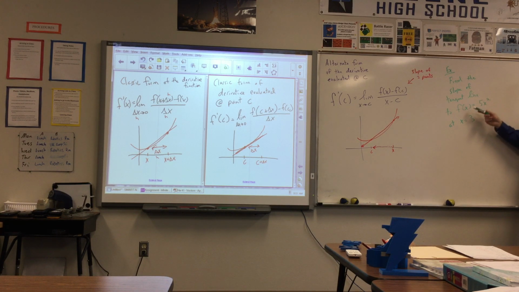Find the slope of the tangent line to f of x equals 5x squared at x equals 3.